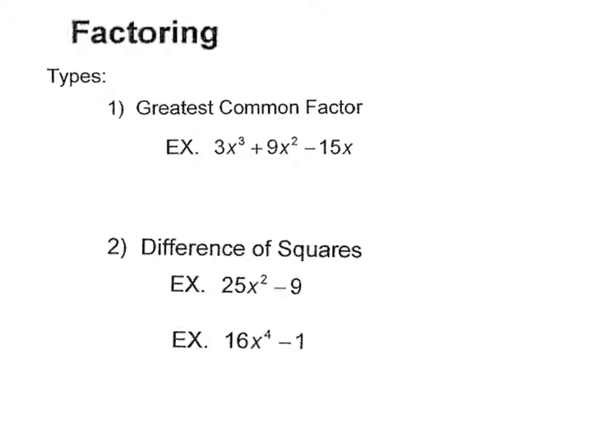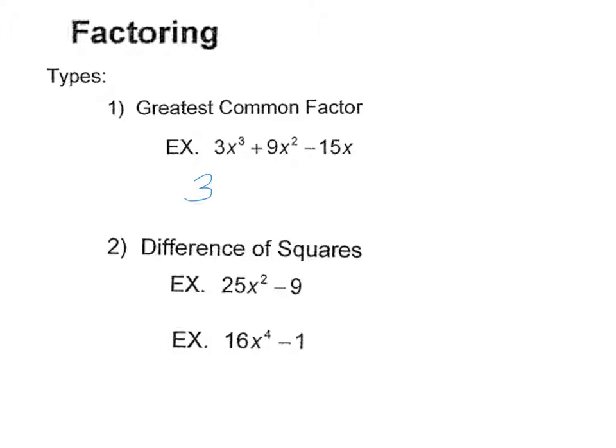The first type we're going to look at is greatest common factor. And typically, every factoring problem you come upon, you should check and see if there's anything that all the factors can divide by. So for this example, I see that 3, 9, and 15 all divide by 3. So I know that's going to be part of the greatest common factor. They also have an x.